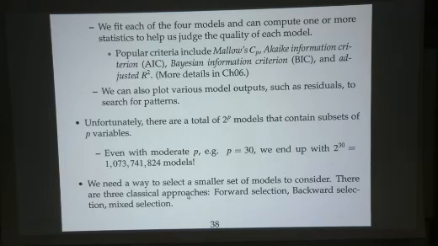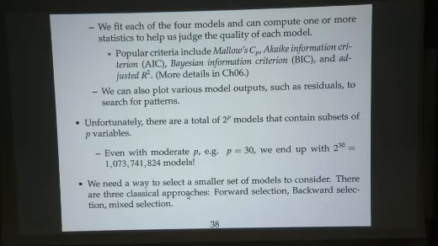All possible subsets of p numbers is 2 power p, and if p is 30, then you end up with 2 power 30 models, which is close to 1 billion models. This is not a practical approach, fitting all the models and seeing which one fits the best.